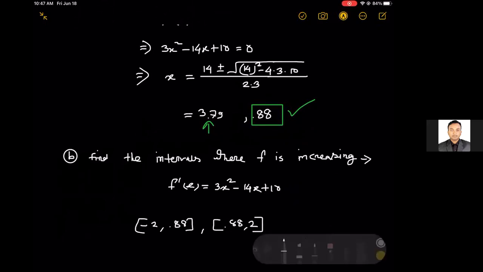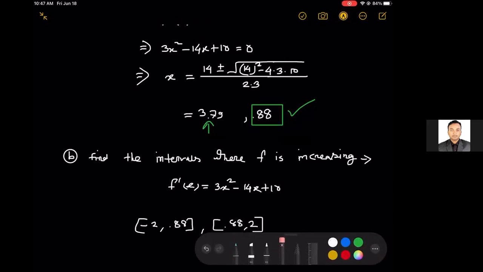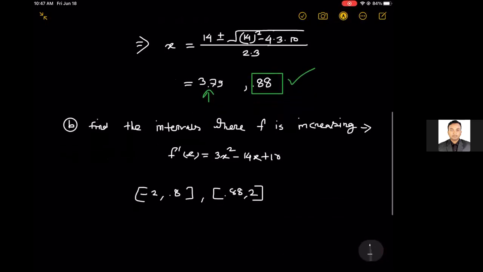So if we had more than one critical point, we would have more intervals using the same procedure, okay? Just take the critical point and start from the endpoints.